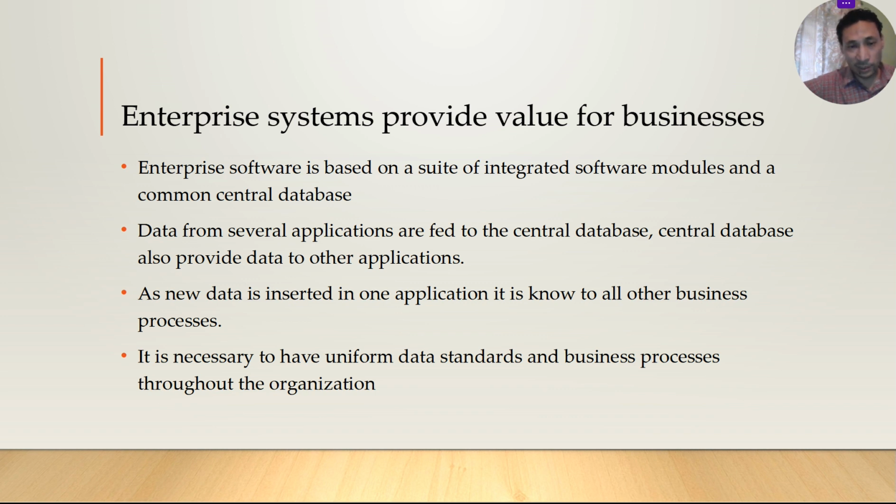To process an order, data from sales and marketing is required, data from accounts is required, data from the delivery department is required. So in order to know data from all these departments and functional units, it will be better if we have a system which helps to know data in a consolidated form.